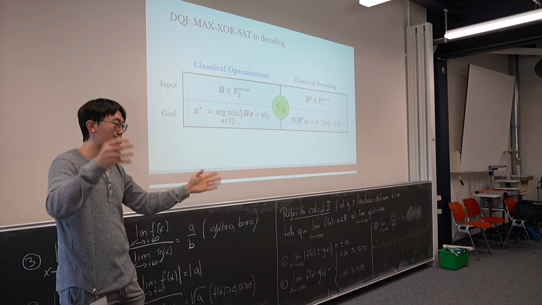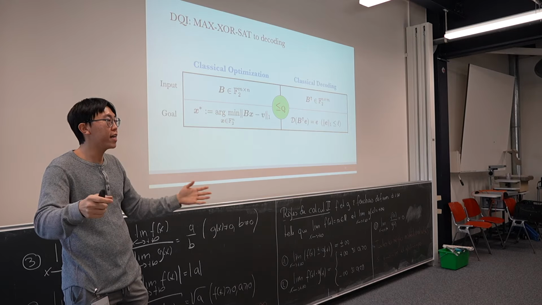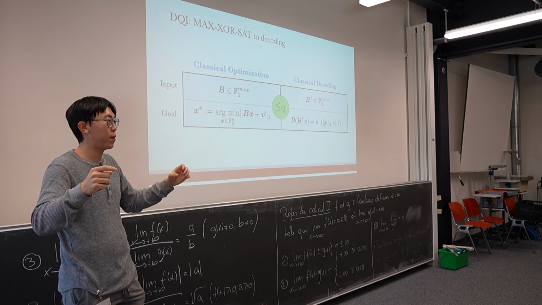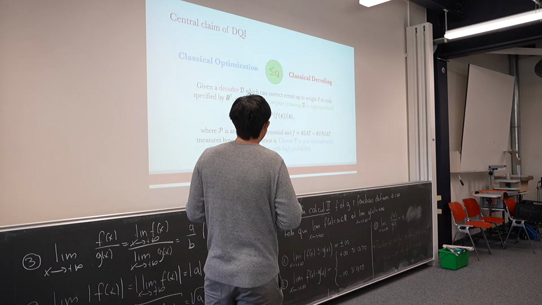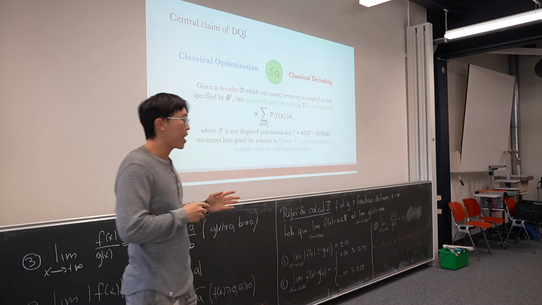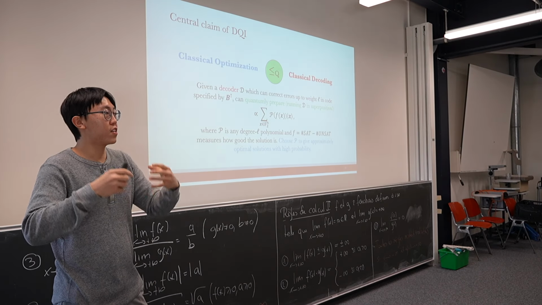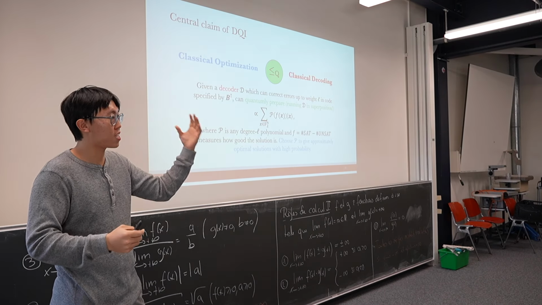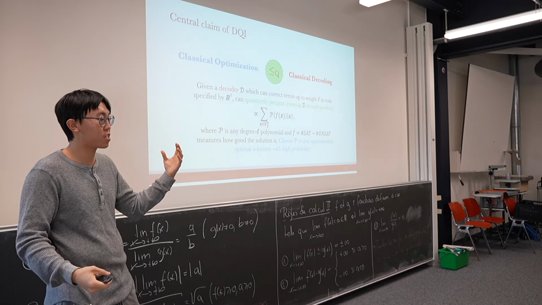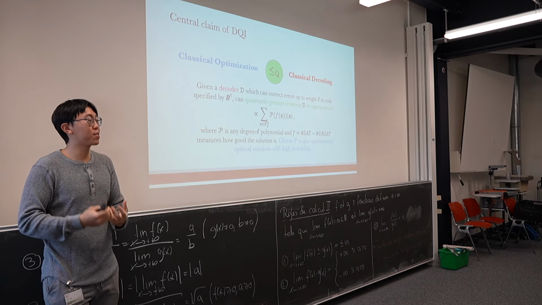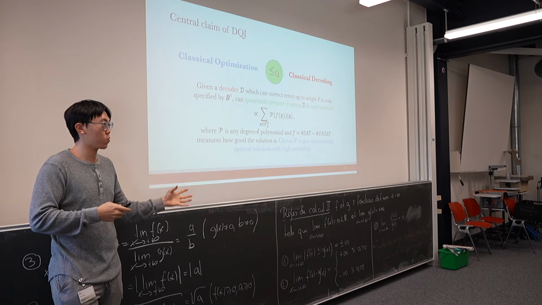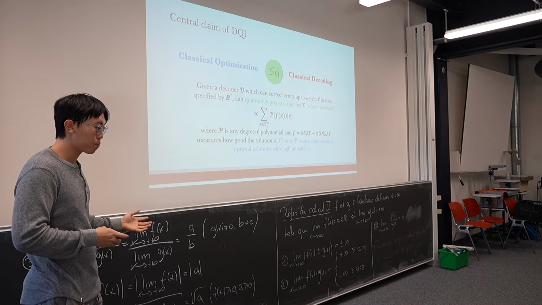And now I'm going to transpose it, and it becomes a wide matrix, which is exactly the form of a parity check matrix. And the claim of DQI, roughly speaking, is that if I can decode this code specified by B transpose, whose parity check matrix is B transpose, very well, then I can also output very good approximate solutions to the corresponding max XOR set problem specified by B.